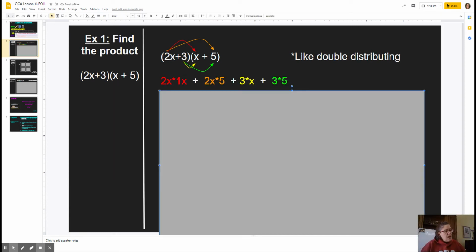So notice I've got 2x times this x, 2x times 5, plus 3 times x, plus 3 times 5. So again, I'm showing that double distributing, multiplying each part with each other. Like I said, it's kind of like cribbage when you count your pairs, when you make sure that you have all of the pairs counted and accounted for.